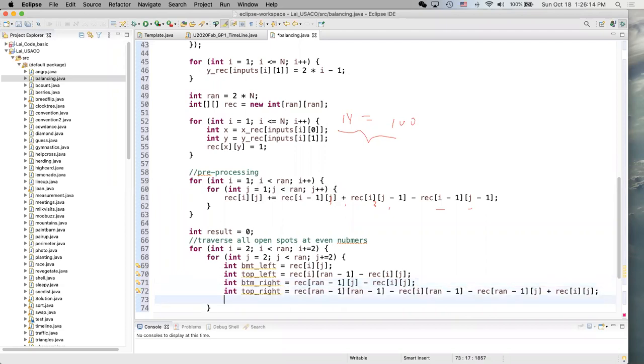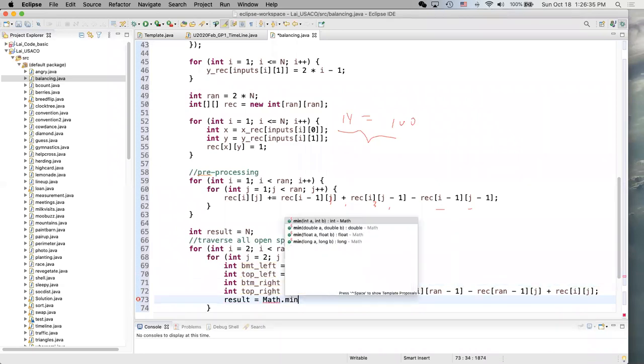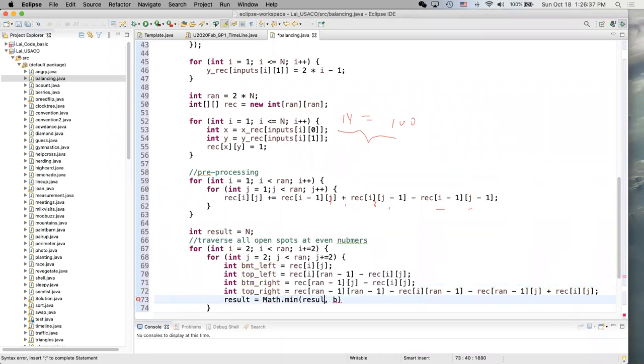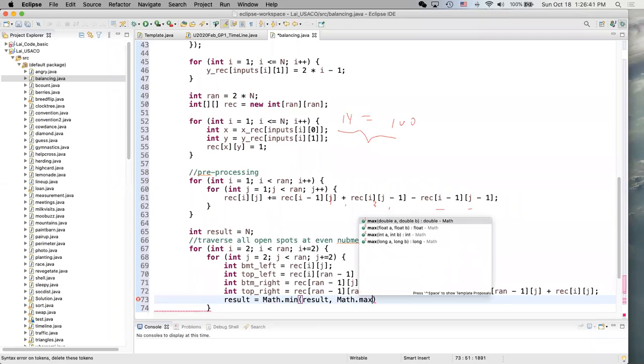Okay, then how to update the results? Update the results, which is figure out what is the minimum, what is the maximum of among the four numbers, and compare with the results. And clearly, the result initially you cannot put 0 because you want to find the minimum results. So the results gonna be the math minimum results, and then you're gonna find the math maximum.